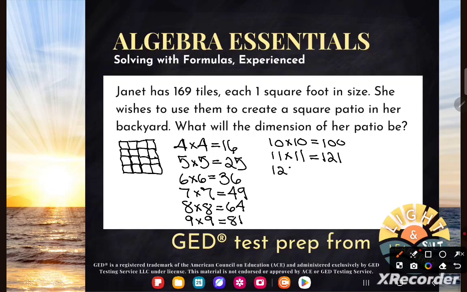Whew, I don't like this method. This is why I like formulas. A 12 by 12 would use 144. And of course, a 13 by 13 foot or tile patio, either way you think of it, would use up 169 tiles. Boom. We need a 13 by 13 foot square.